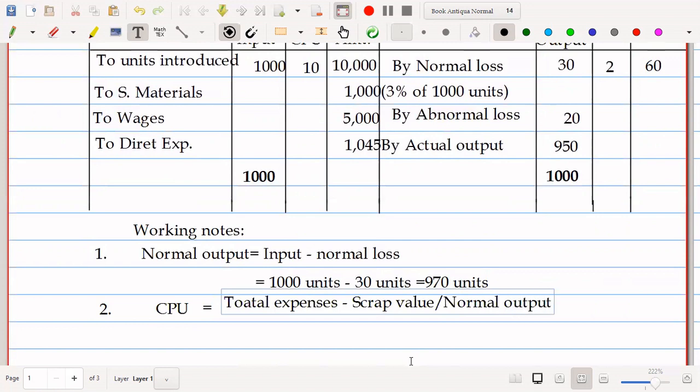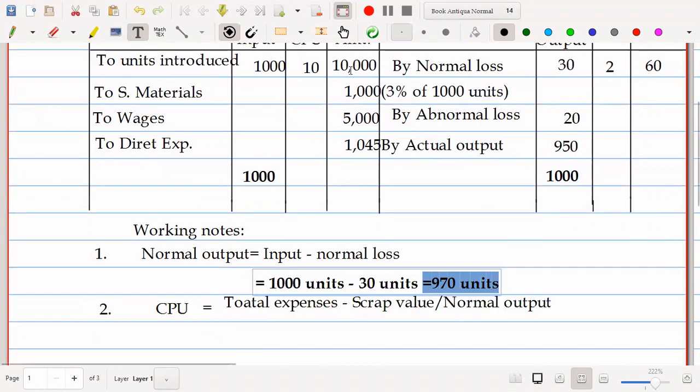So this is the formula applied for CPU. Total expenses means the expenses we have to take, minus scrap value, which is 60 rupees, divided by normal output. This is your normal output, that is 970 units.